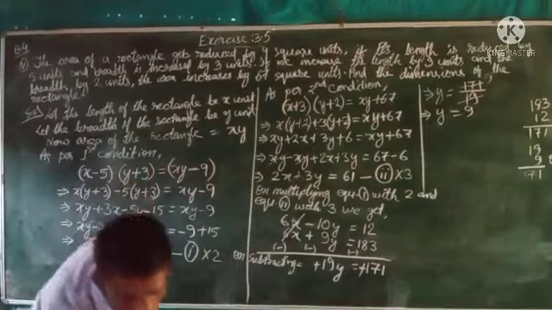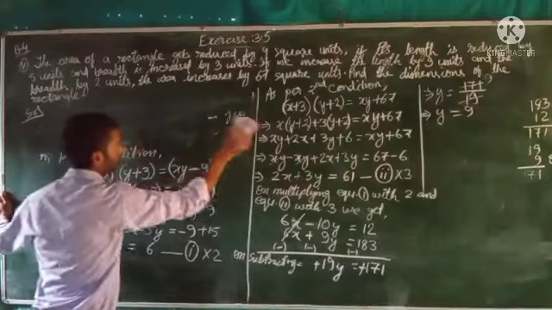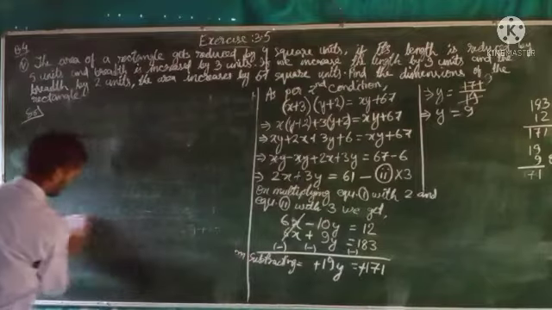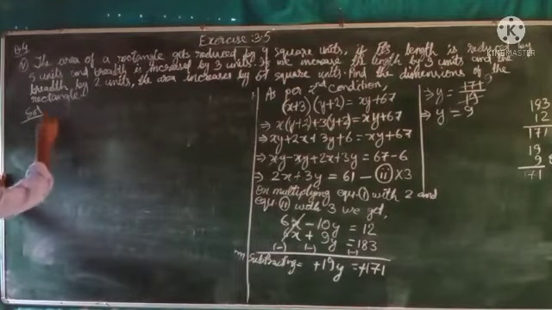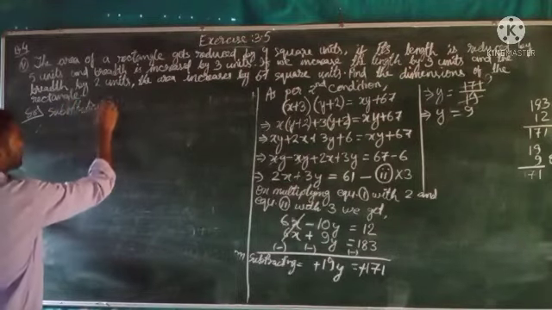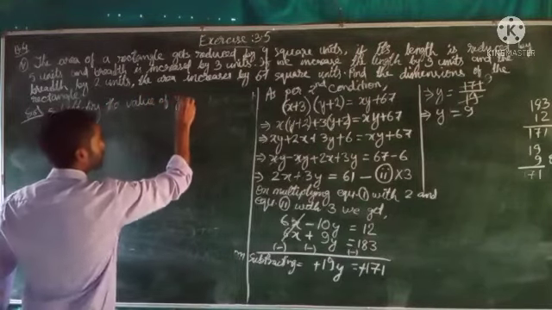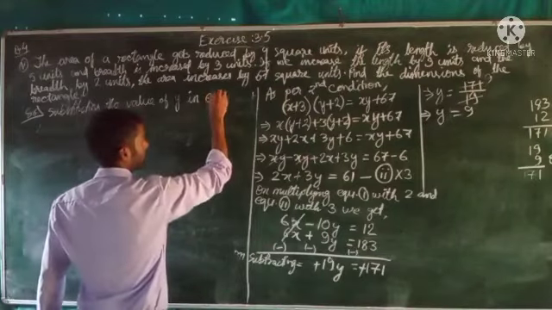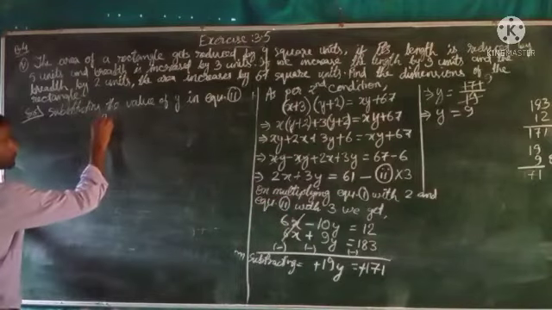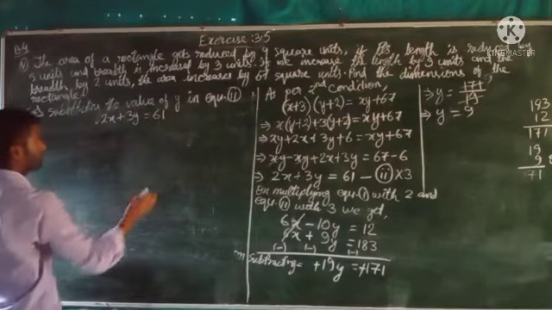So we'll write here, substituting the value of y in equation, let us place in equation 2, that is 2x plus 3y is equal to 61.